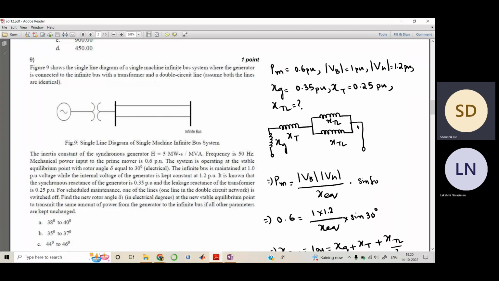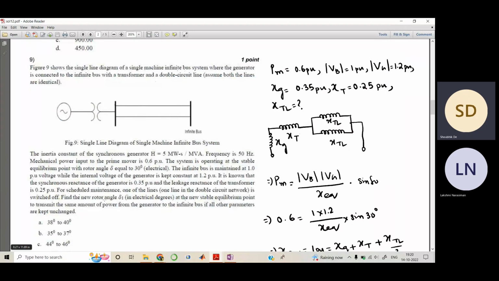I have drawn it here: you have the reactance of the generator as well as the transformer, 0.35 and 0.25. And for scheduled maintenance, one of the lines, one of these lines, right? Because there are two transmission lines operating in parallel, so one of the lines is switched off.